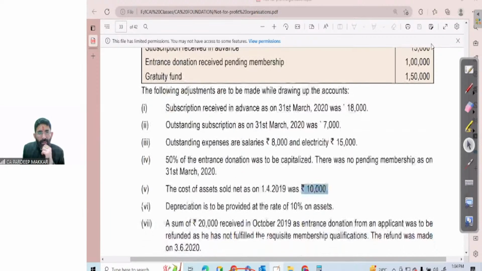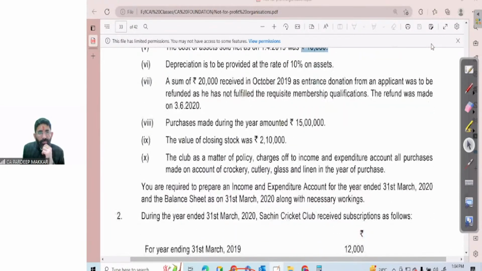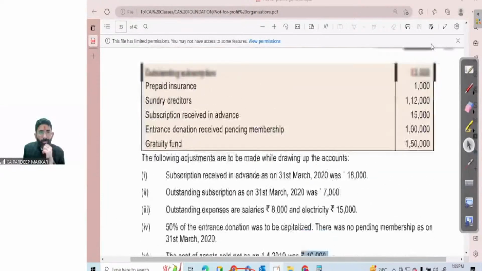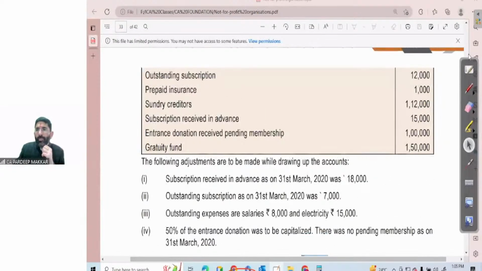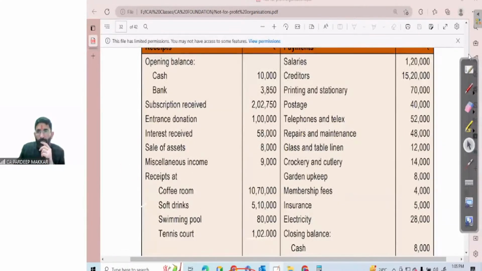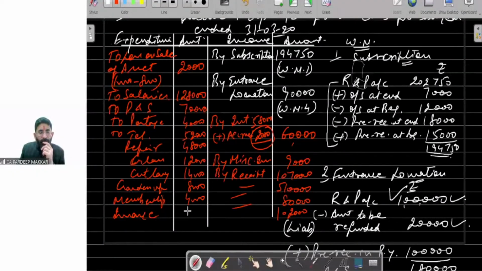Any other? No. Plus prepaid 1,000. So 6,000 will be there because 5 plus 1 will be done.